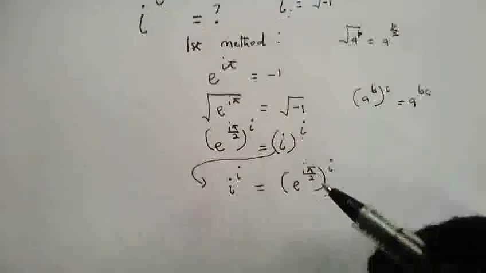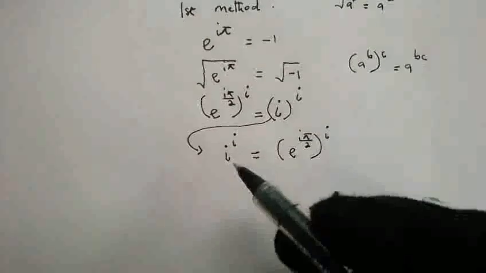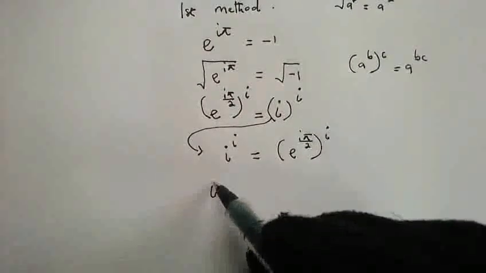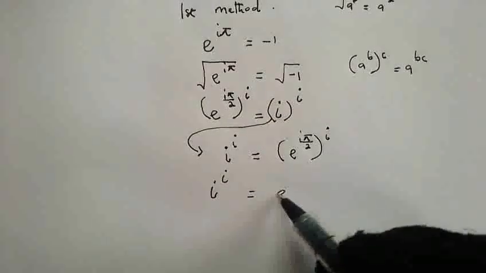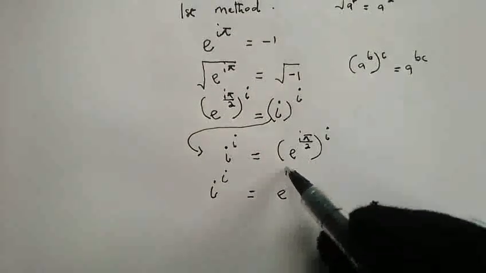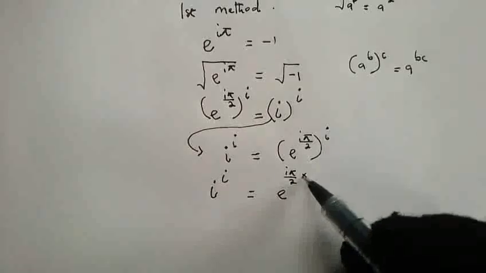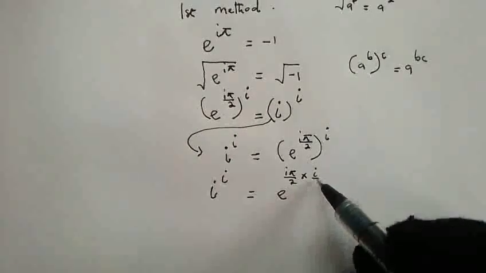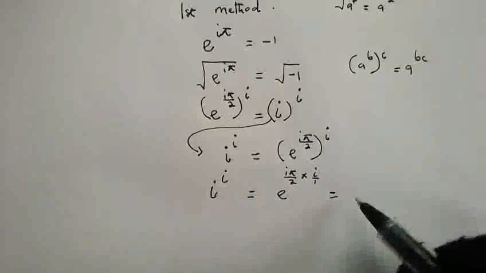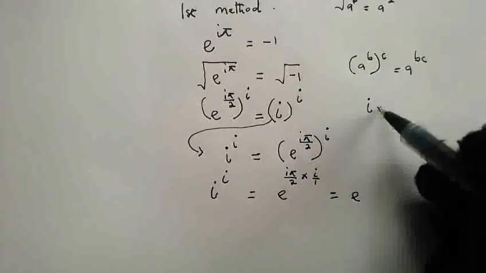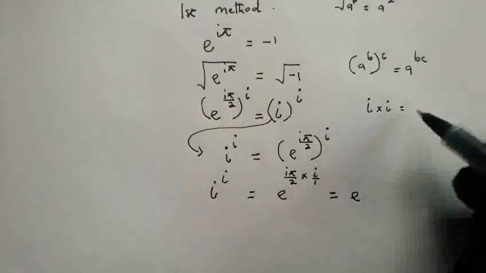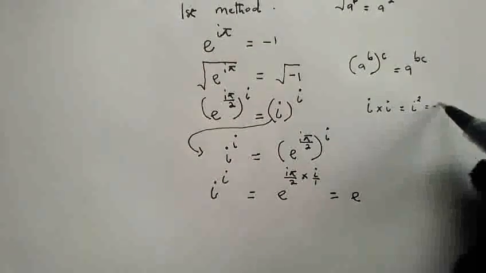Now I have I raised to I is equal to e raised to I pi all over 2 times I. Let me put it over 1. So I have e. Now recall that I times I is equal to I squared, and this is equal to -1.